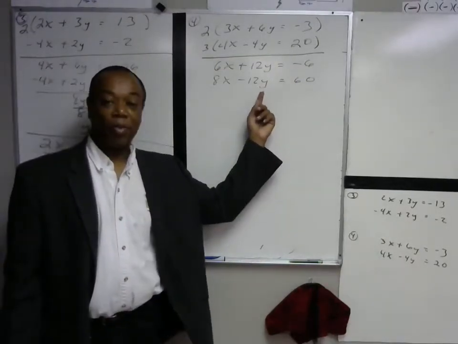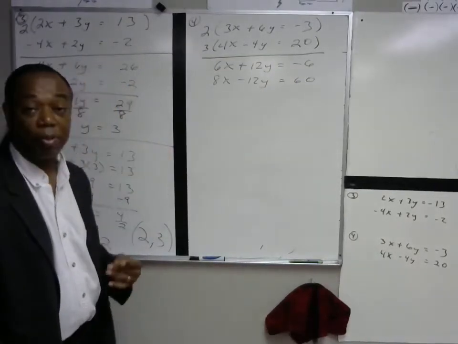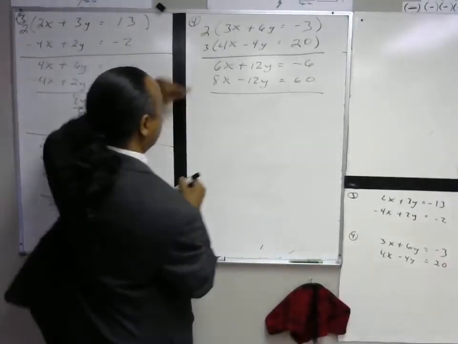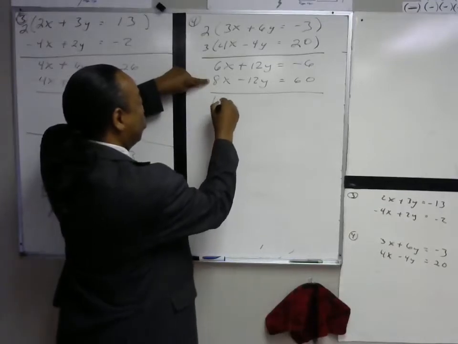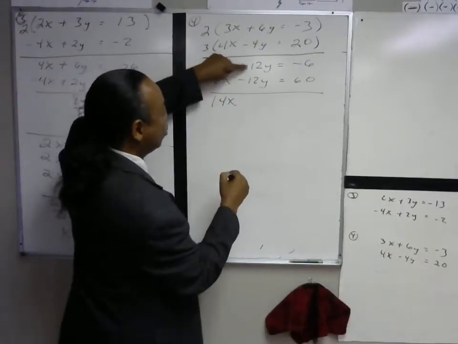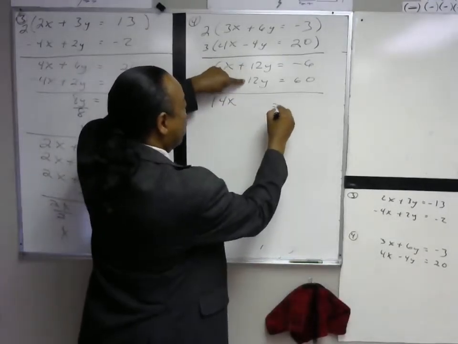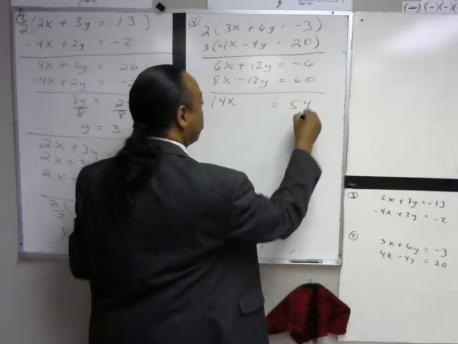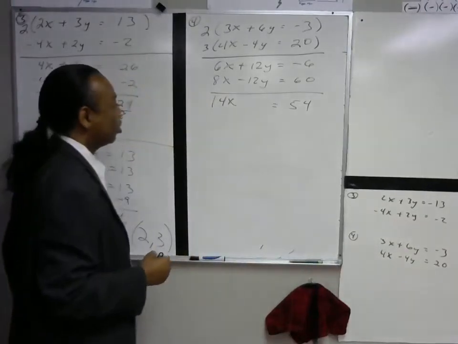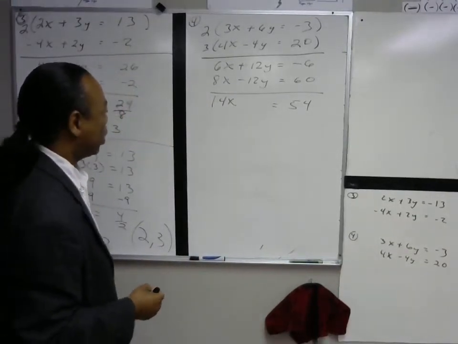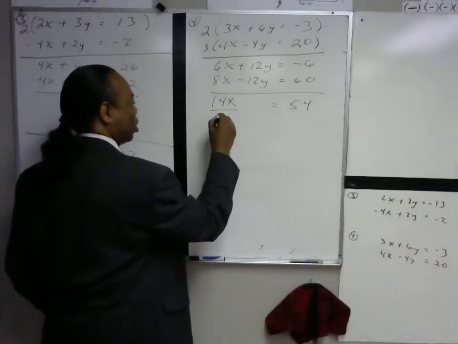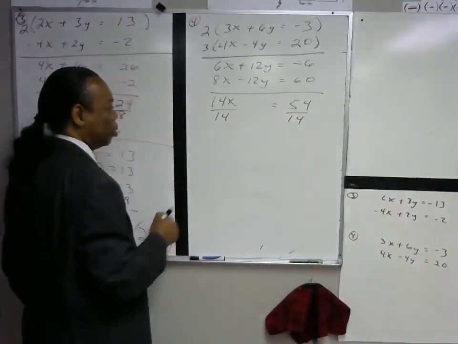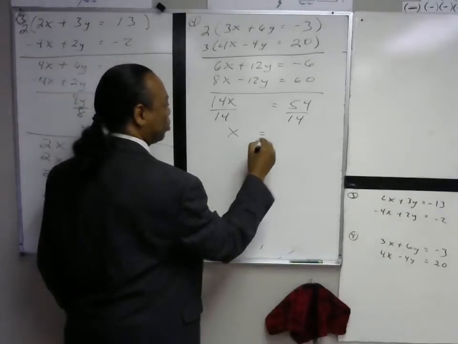And now we have our additive inverses. And we can use elimination now. So we'll combine these two and get 14x's. These two will eliminate. And when we combine these two, we'll get 54. Okay. So let's divide both sides by 14. Let's see here. Does that divide evenly? Let's find out.